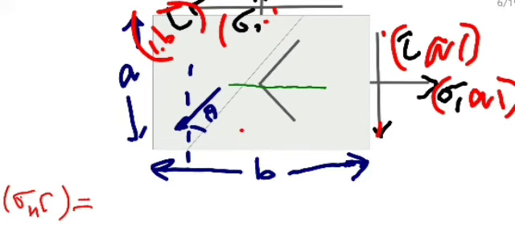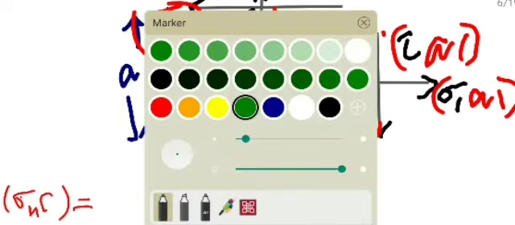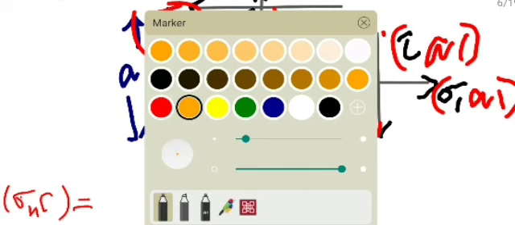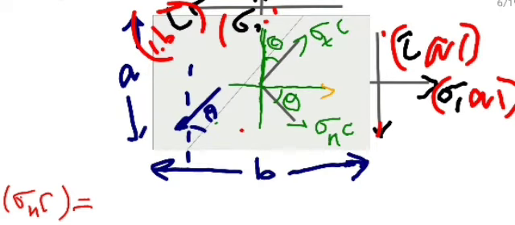Now considering this to be theta, in this diagram theta is with the horizontal only. This is theta as well as this is also theta. Sigma n times c force, this is sigma t times c force, and so in this direction we have sigma 1 times a.